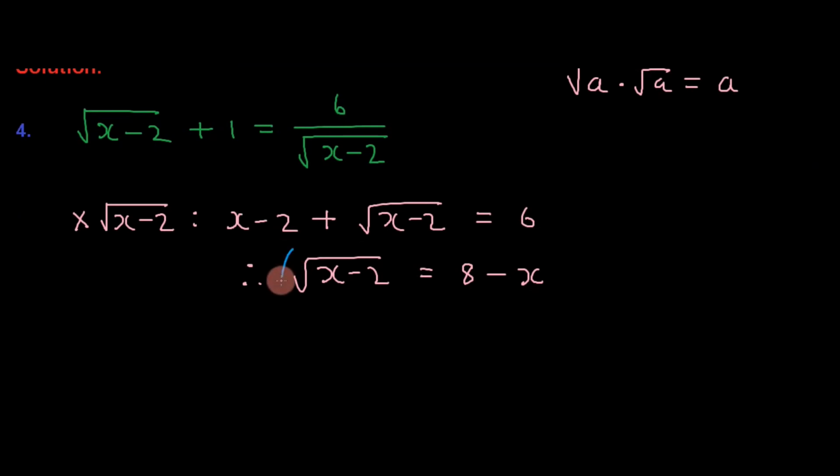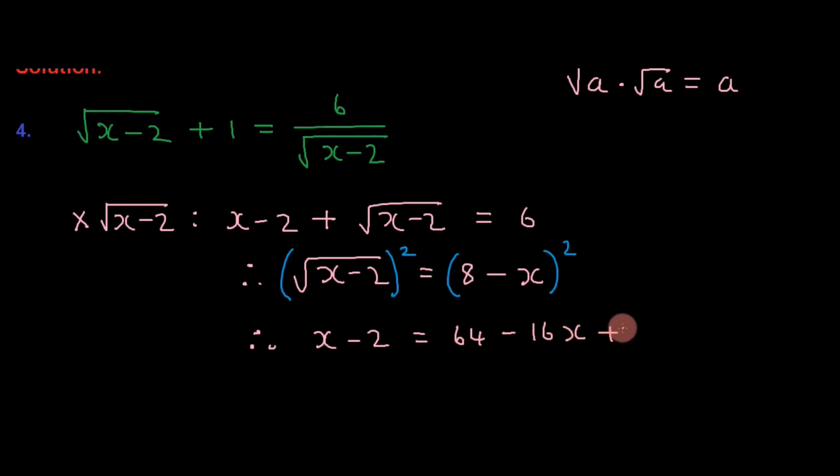Now we can square both sides in order to get rid of the square root. So then squaring the square root, it falls away. On the right hand side, we square out. So it's going to be 64 minus 16x plus x squared.